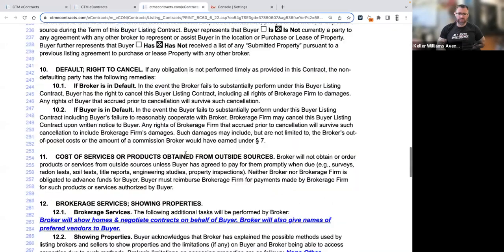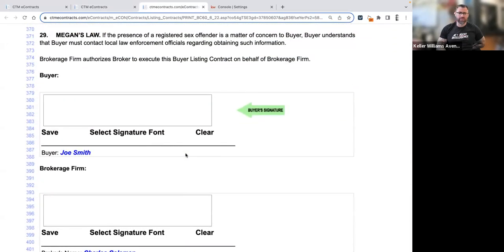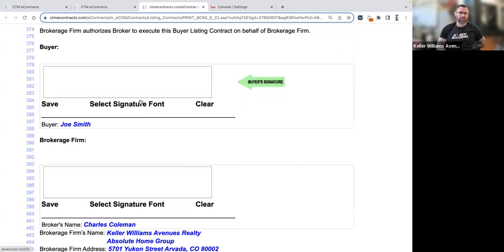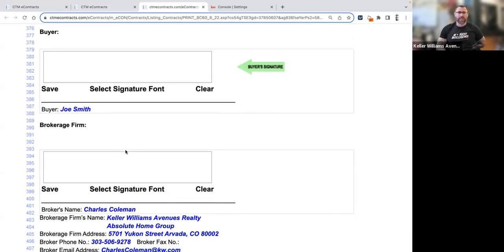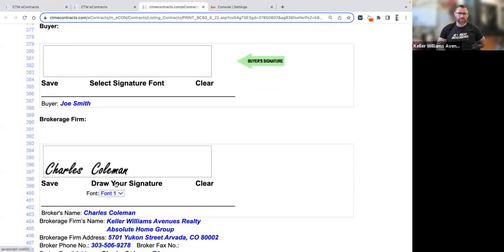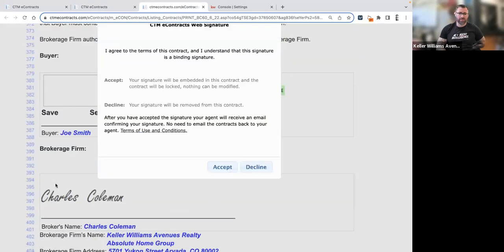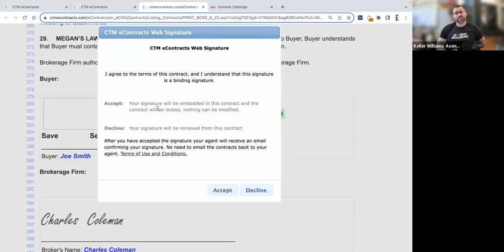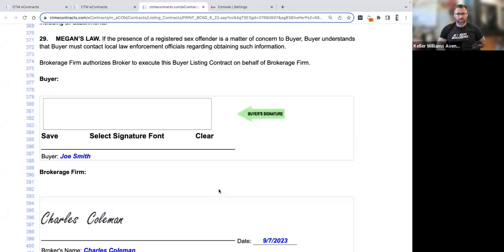The biggest piece that looks different is that there's a signature box for them to sign and for you to sign. They can select signature, pick their font, and hit save. Then they have to hit save again, because it asks if you're sure you want to do this, and then you hit accept.